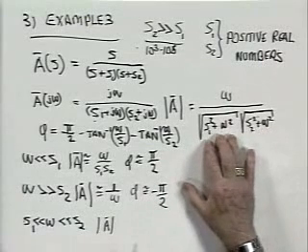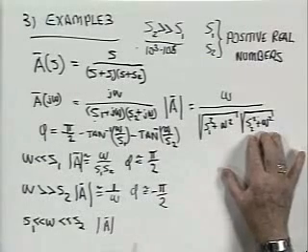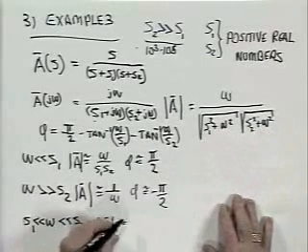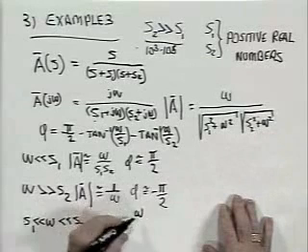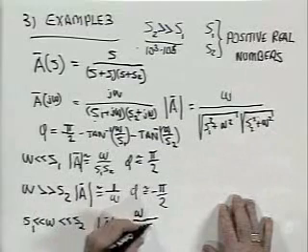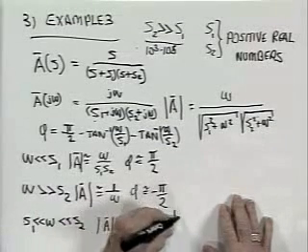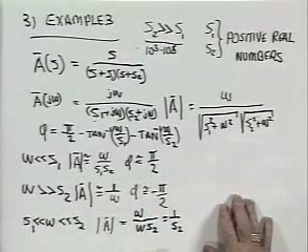So the first radical is approximately omega, and the second radical is approximately S2. So the function becomes omega over omega S2, or 1 over S2.